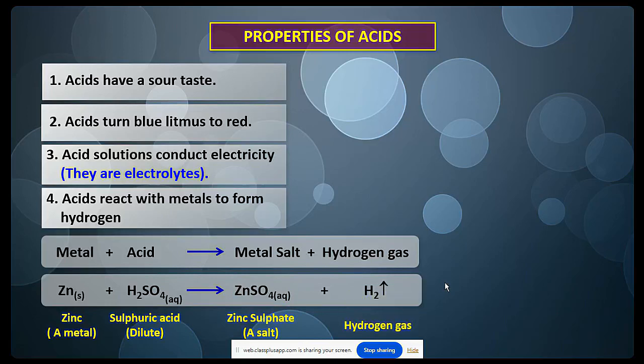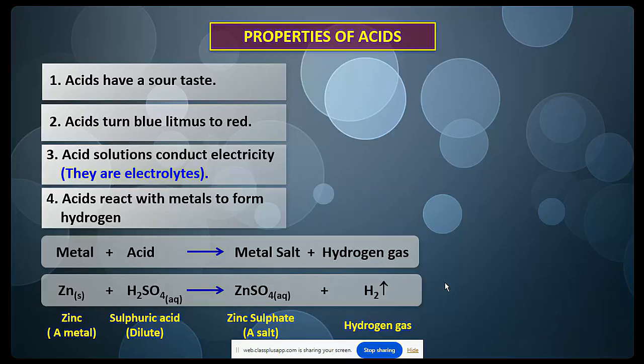Here, the upward arrow mark represents the liberation of gas. Is it clear? So what are the 4 properties which we have discussed so far? Acids have a sour taste, acids turn blue litmus to red litmus, acid solutions conduct electricity, and acid reacts with metal to form hydrogen gas.